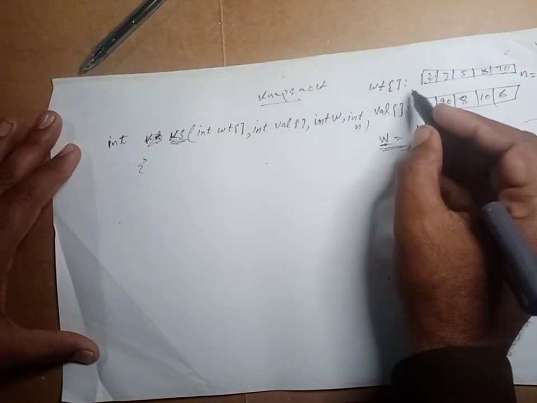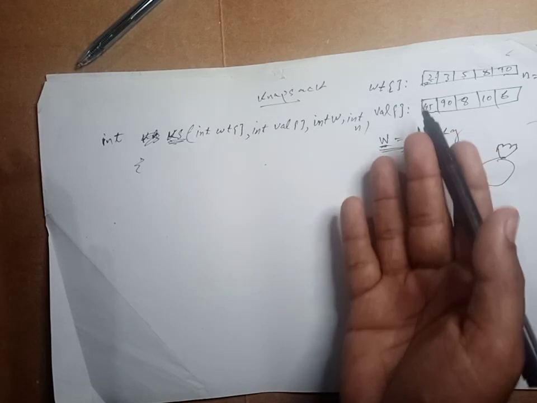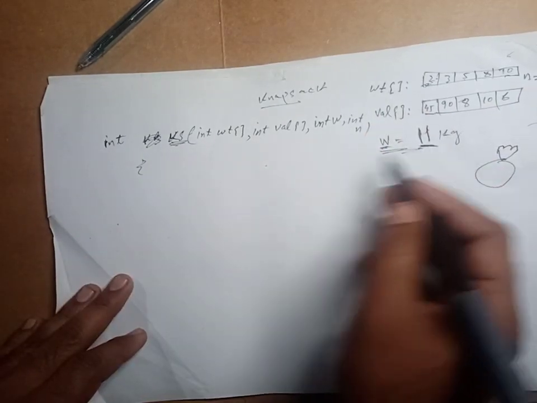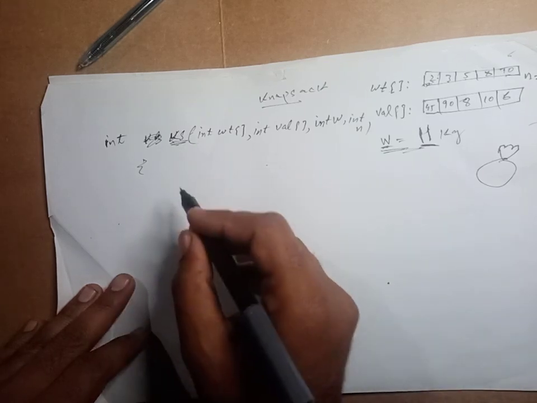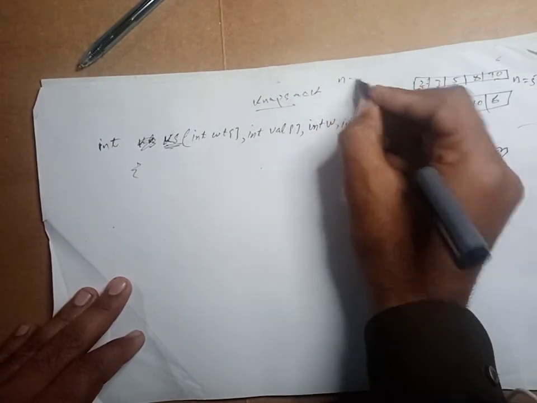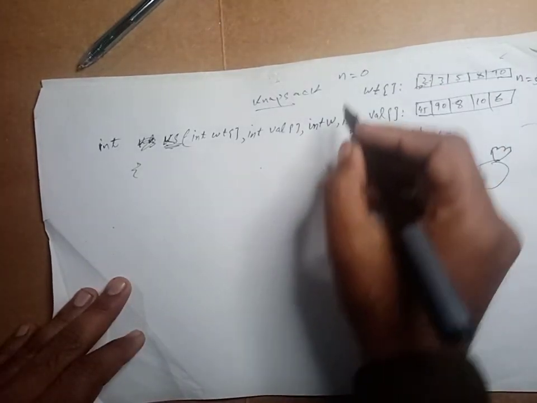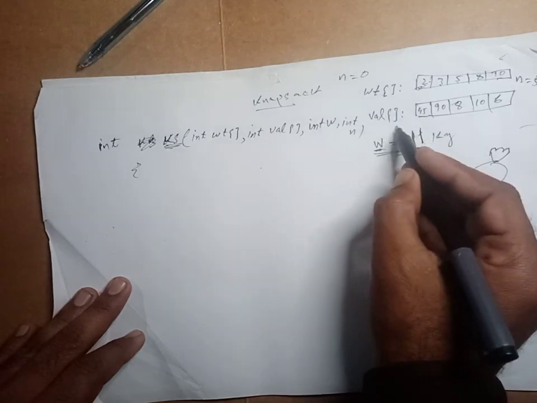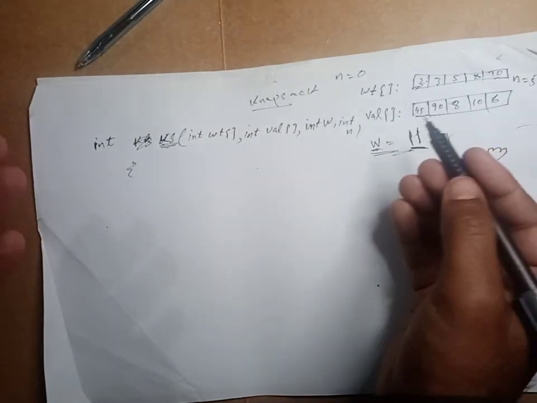If in the shop there is no item, can you achieve this weight? No. If there is no item, then n is equal to 0 and there is no value because there is no item.